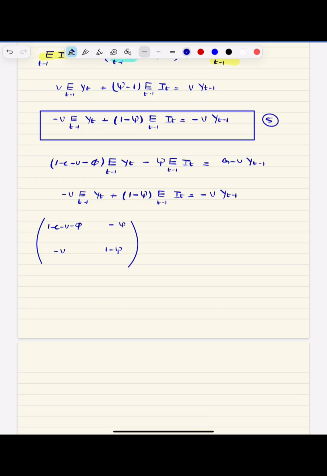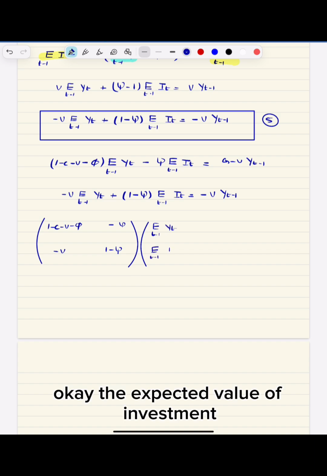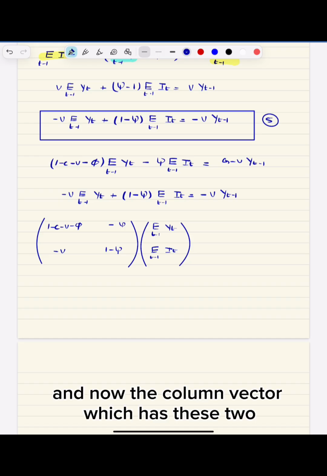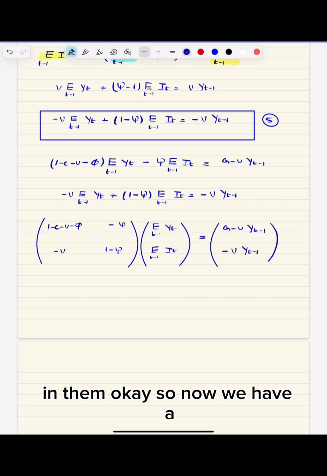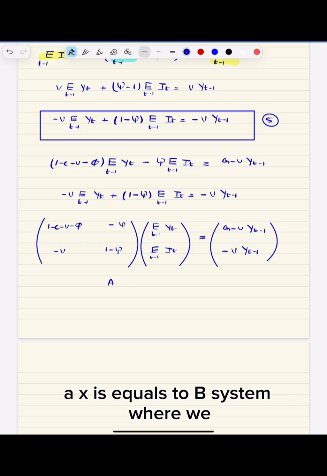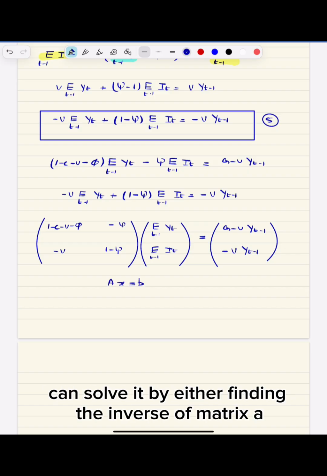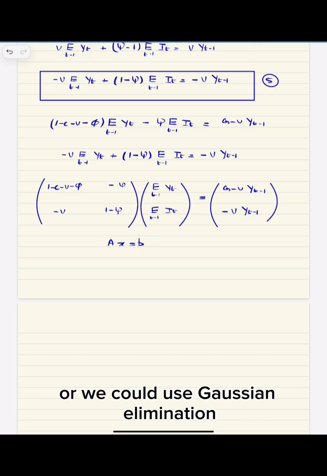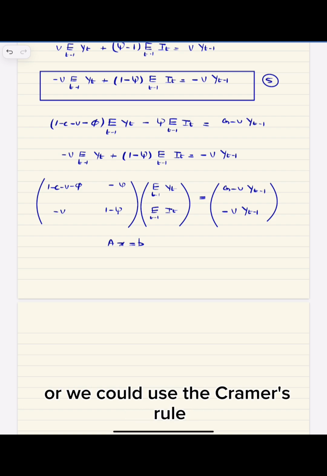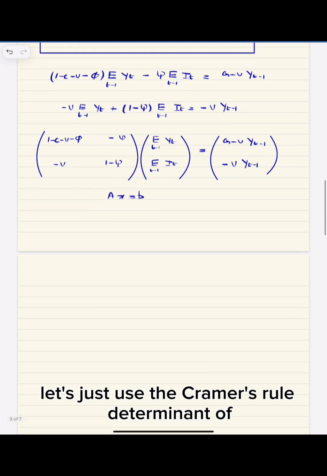Now my unknown variables are the expected value of income and the expected value of investment, and then the column vector which has these two knowns in them. So now we have an Ax equals b system where we can solve it by either finding the inverse of matrix A and multiplying it by b, or we could use Gaussian elimination, or we could use Cramer's rule. Let's just use Cramer's rule.